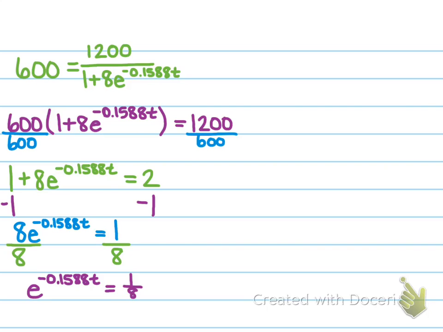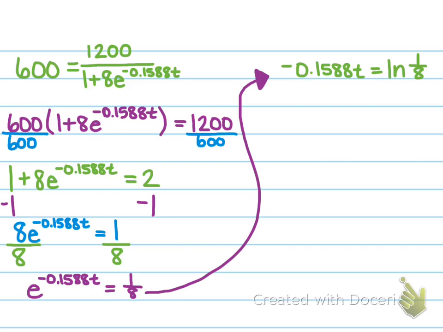So again, to bring the exponent down, I need to take the natural log of both sides. And this time I didn't write the natural log of e because I know every time I see natural log e that it equals 1. Okay, so to get t by itself, we need to divide by negative 0.1588.